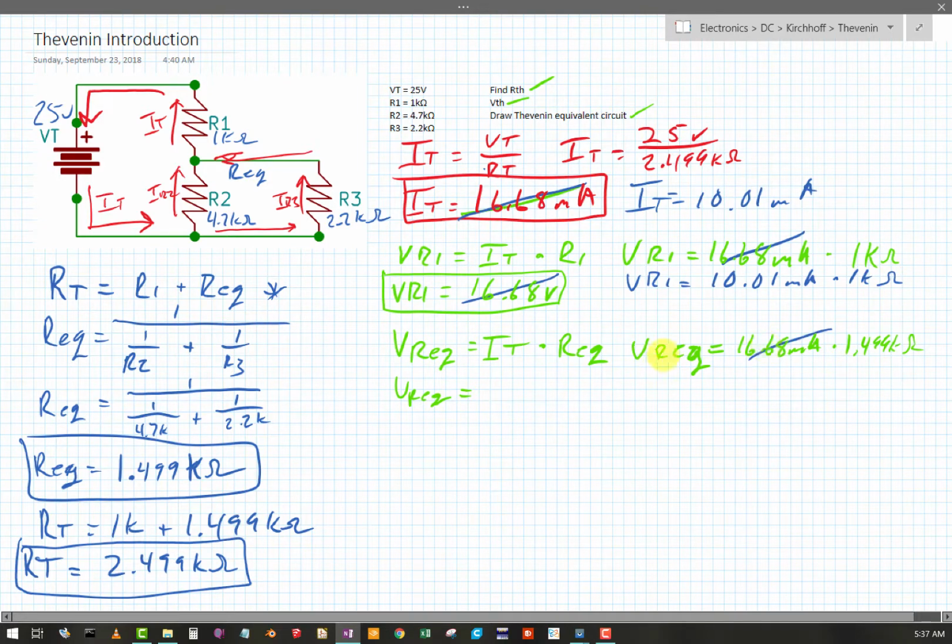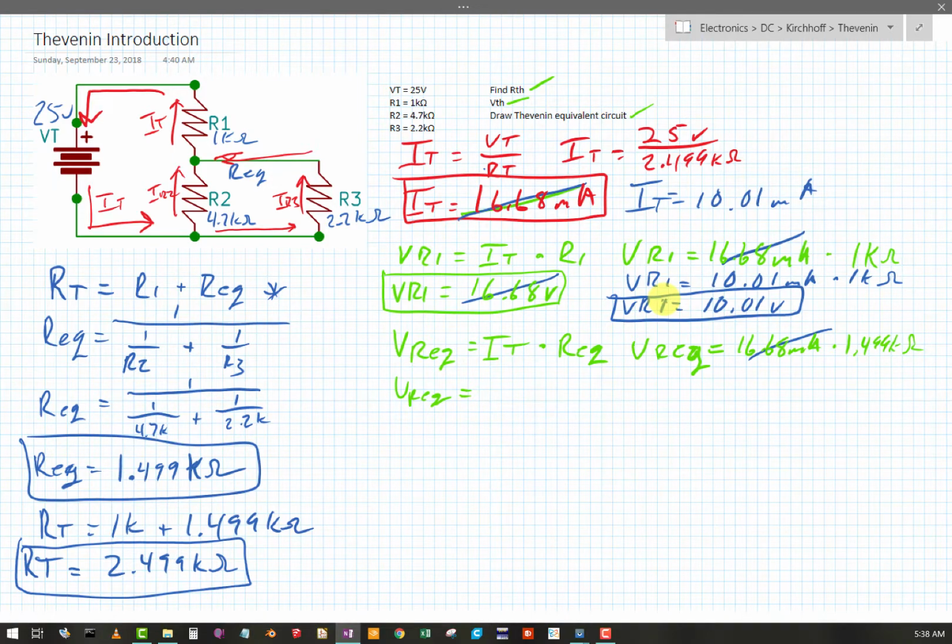And alright, so VR1 equals 10.01 volts. Let's clean that up a little bit. So it's that easy to make a mistake. I don't know if you caught it when I was doing that. I mean, hopefully you're paying attention or trying to beat me done.